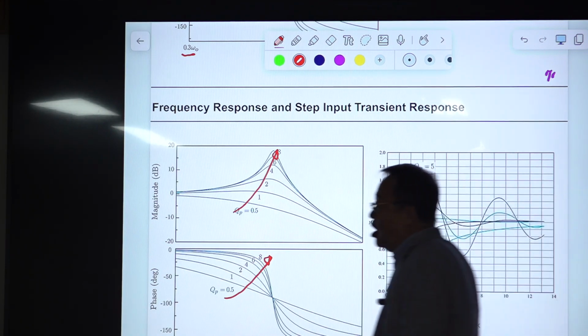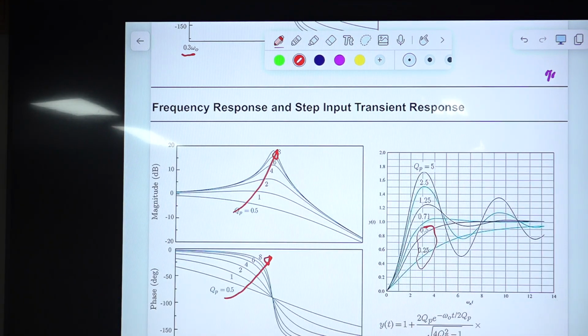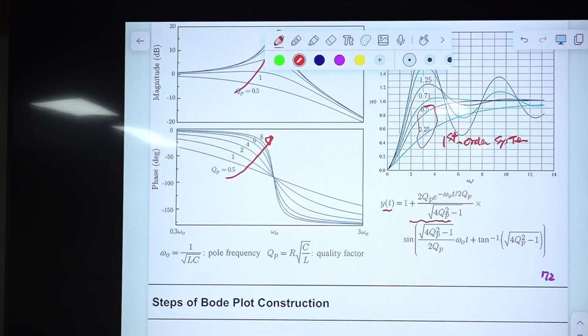So each of them looks like a first order system. First order system, okay? And this is the equation. The equation is too long, so it goes like this. And this is called the quality factor, and this is called the pole frequency, okay?